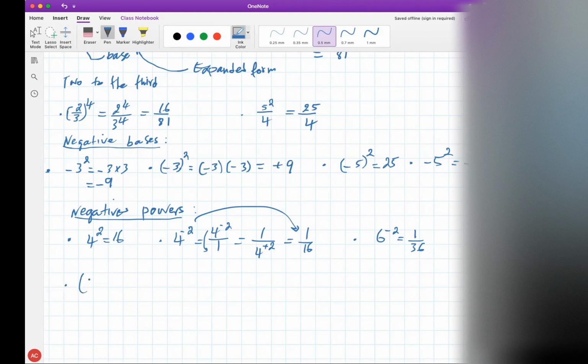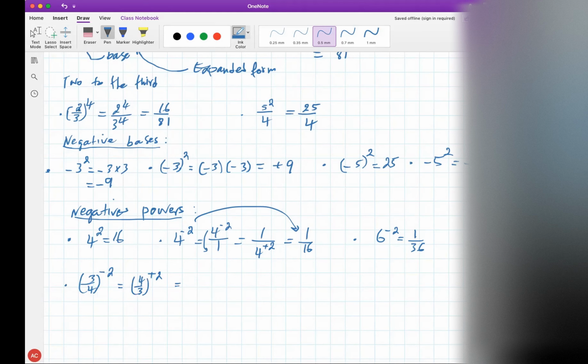Also, if you have a fraction where the entire fraction has a negative power, we can also make this one positive by flipping the entire fraction. So we take this fraction, flip it, and the power turns positive. So this will be 4 over 3. Once the power becomes positive, we can evaluate it.